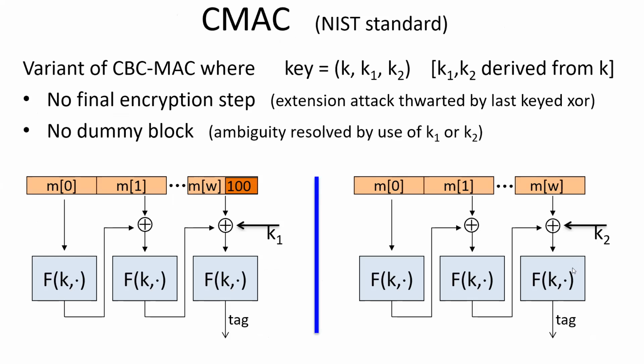Another way to stop it, rather than have this post processing of encryption, a simpler way is that in the last operation of the block cipher in the CBC chaining, I use some extra mask, a final XOR that will take not just this wire and the last block, but also this key as a secret shift.